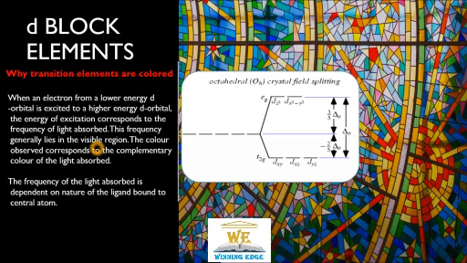So here is an example of an octahedral crystal field. Here we have an electron in the t2g level that may be excited to the eg level in octahedral compounds or octahedral complexes.